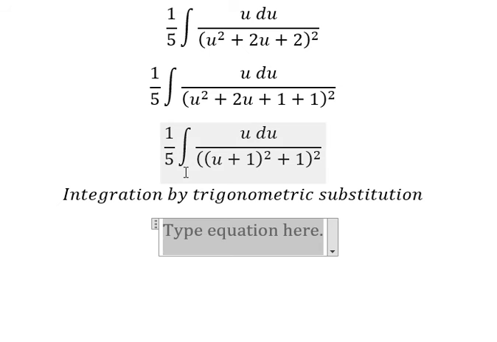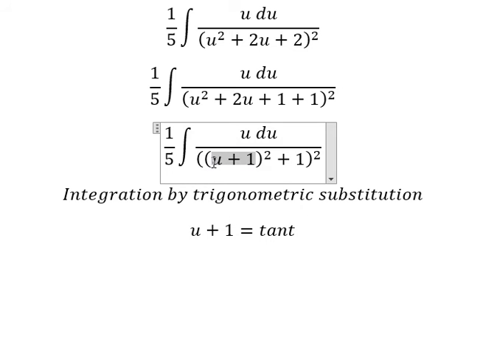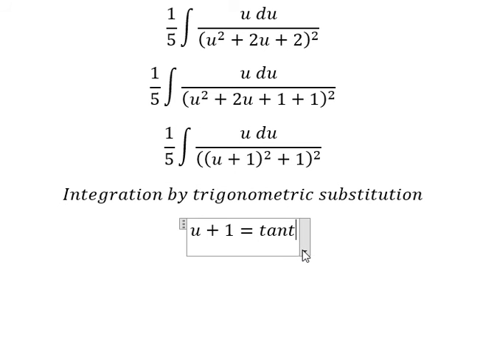So that means I will put u plus 1 equal to tan t, because if we put tan t in here, you will get tan t square plus 1. Tan t square plus 1 we change for secant of t square, and later we simplify by du.